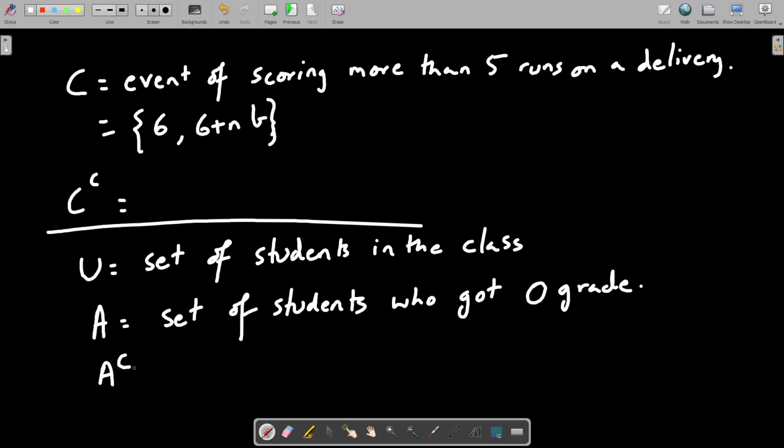What will be A complement? The set of students who didn't get O grade. Or you can also write it as the set of students who got the remaining grades over there, A plus, A, B plus, C, C plus, whatever.